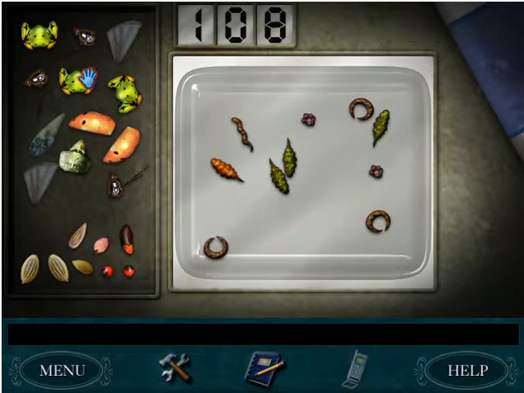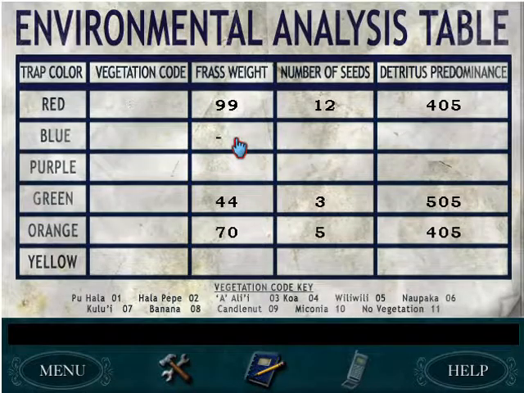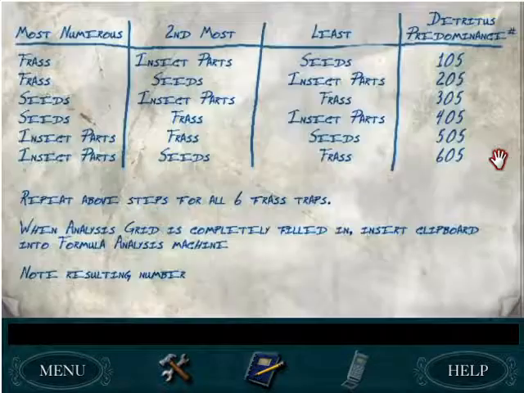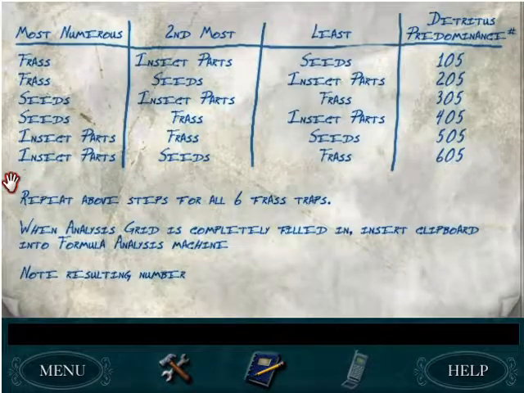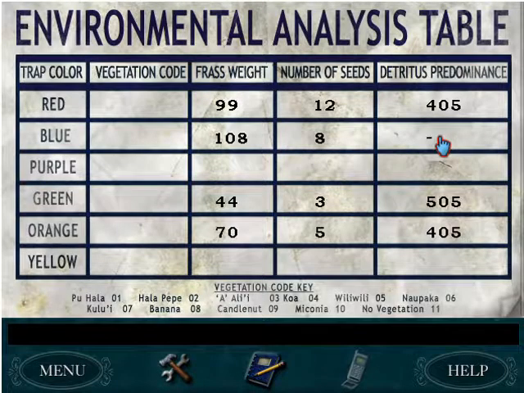So it goes insect, frass, seeds, 8, 108. Okay, and this is blue. Which would be 505. Lots of 405s and 505s right now.